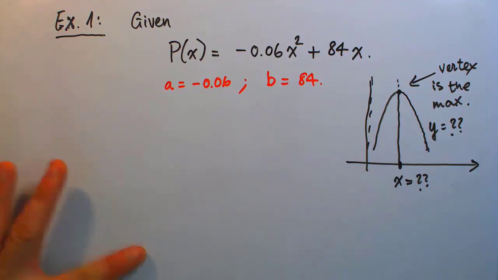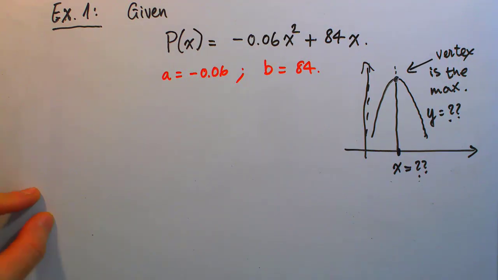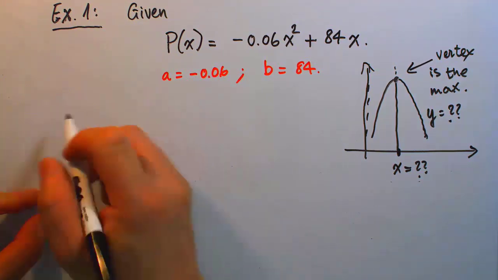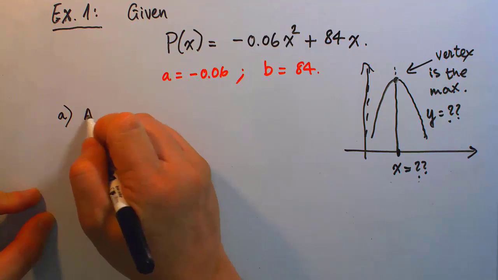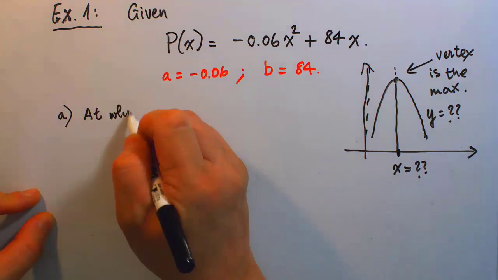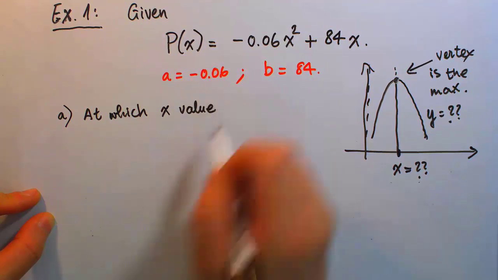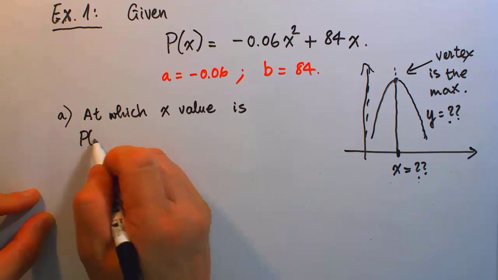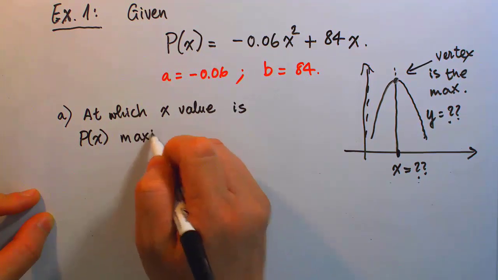Here's how the question is going to start being addressed. Here I'm going to start my first question. The question now is asking, at which x value is p of x maximized?